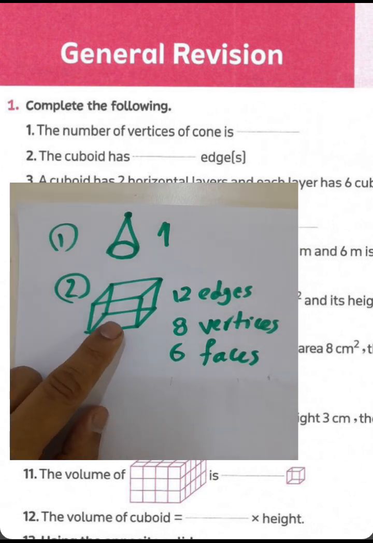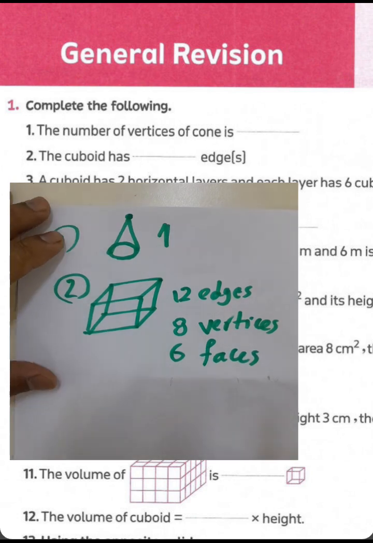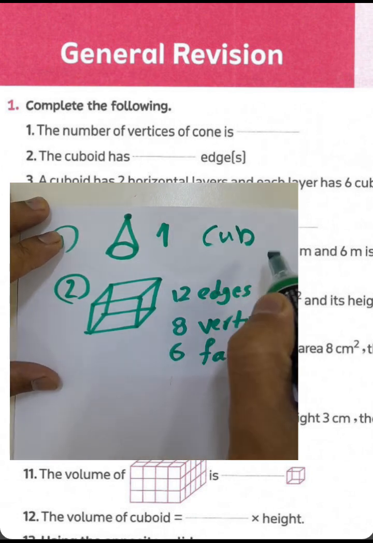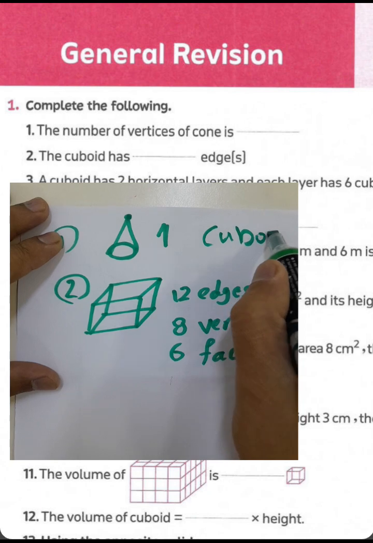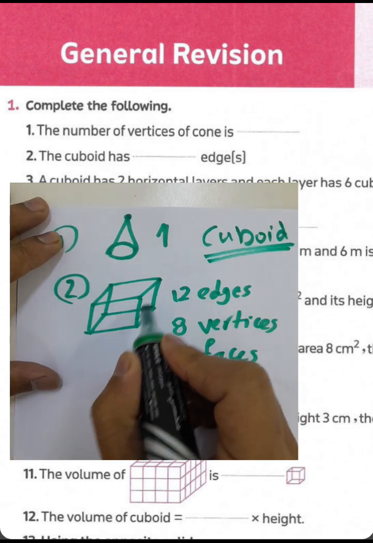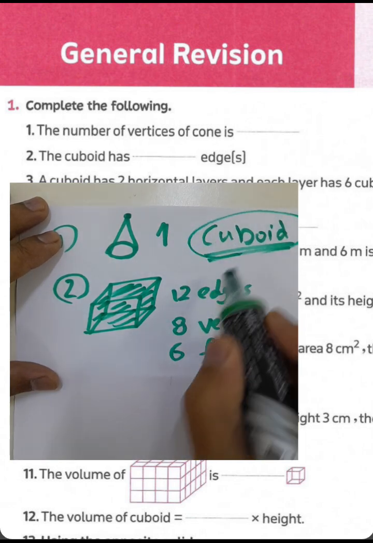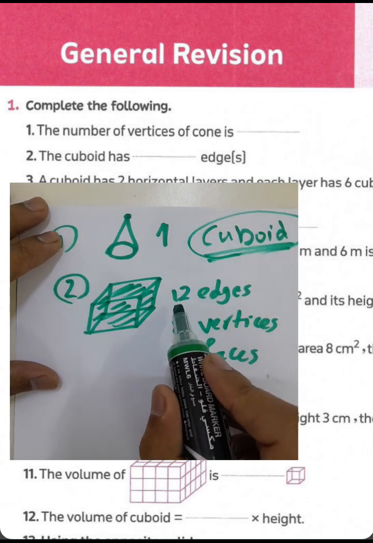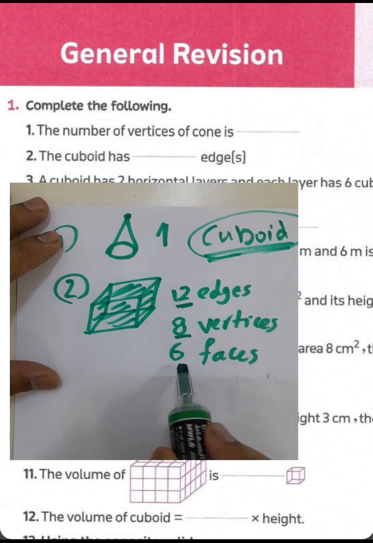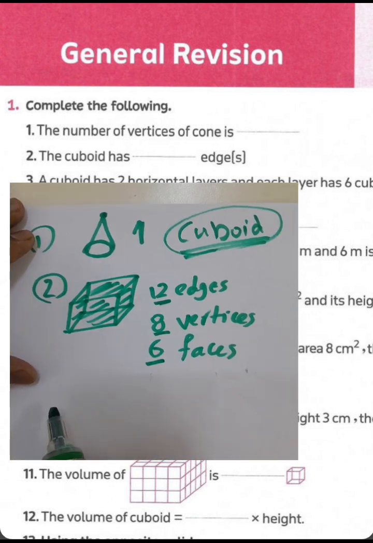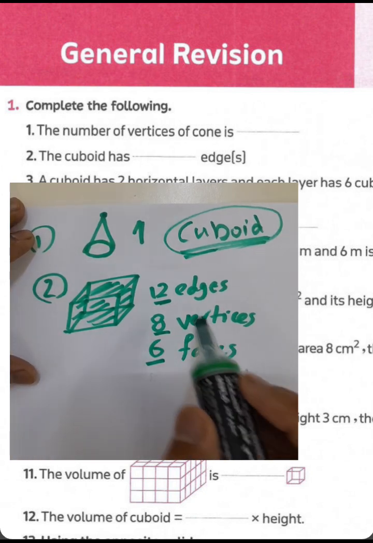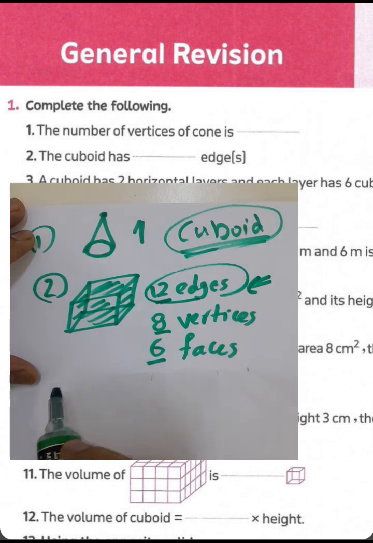We call this solid here a cuboid. Then the cuboid has 12 edges, 8 vertices, 6 faces. If you want to find how many edges, we can write in the space 12.